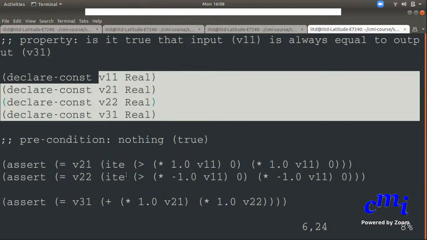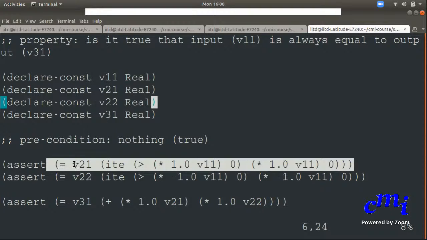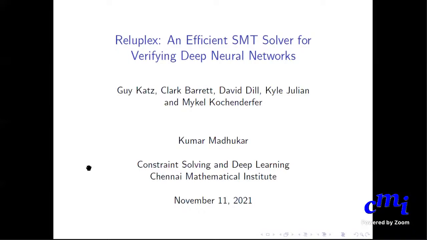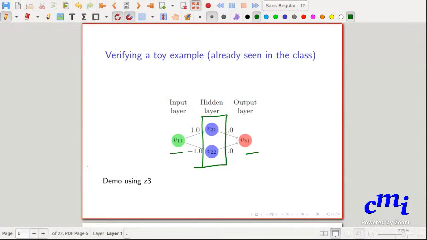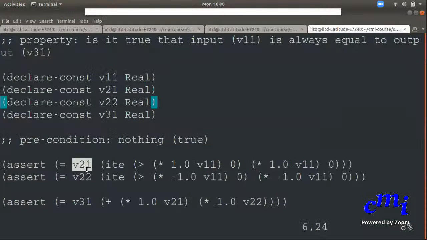Then we have equations that say how the value at the neuron 21, which is this one, can be computed based on this value and these edges. So this is V11 times 1 because the weight on the edge is 1.